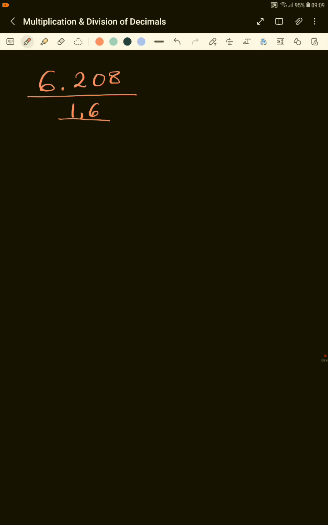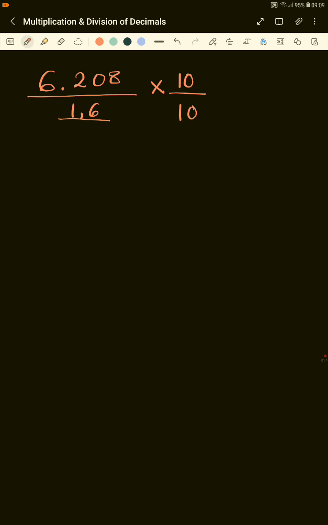For it to be simple to divide decimals, you need to make the divisor a whole number. To make 1,6 a whole number, we have to multiply it by 10. But what you do to the divisor, you must also do to the number on top. So you multiply both by 10.